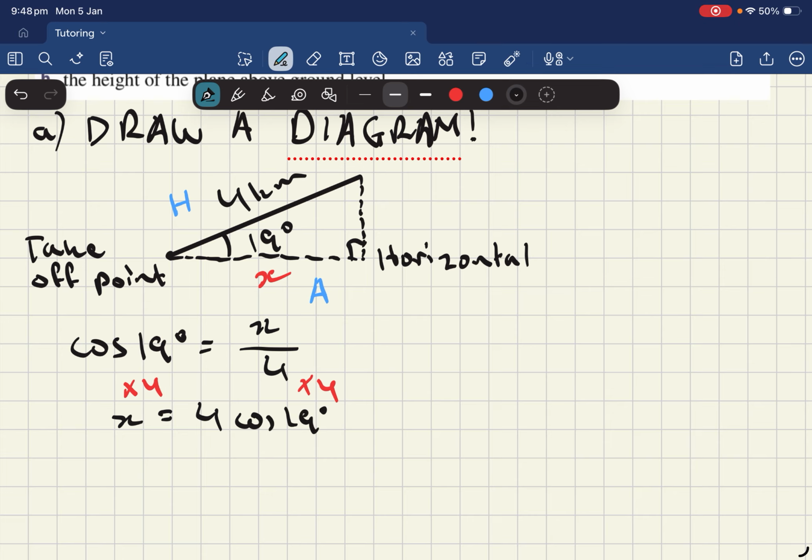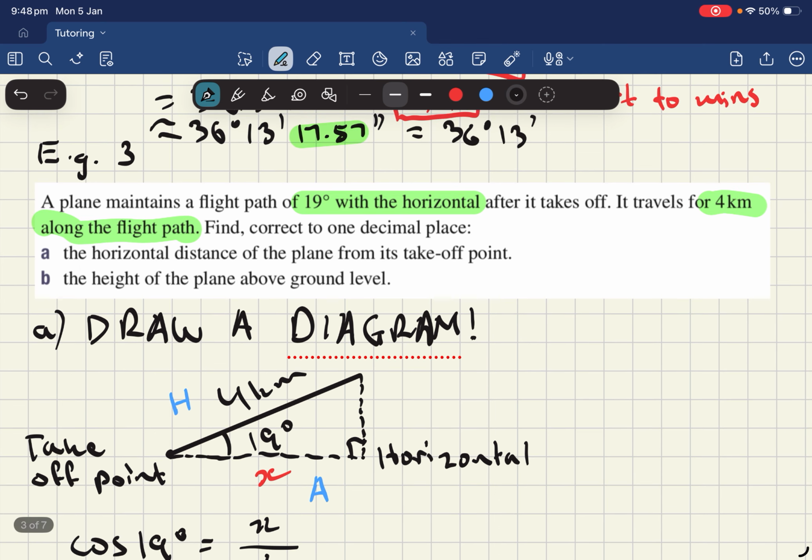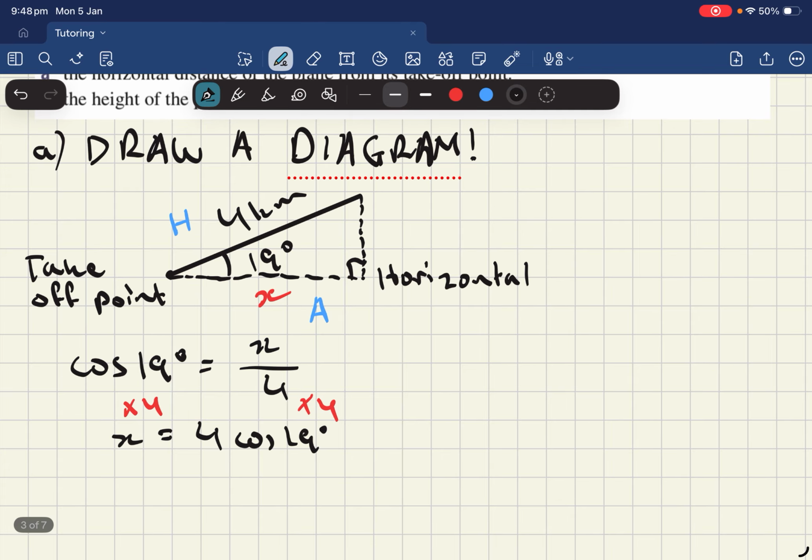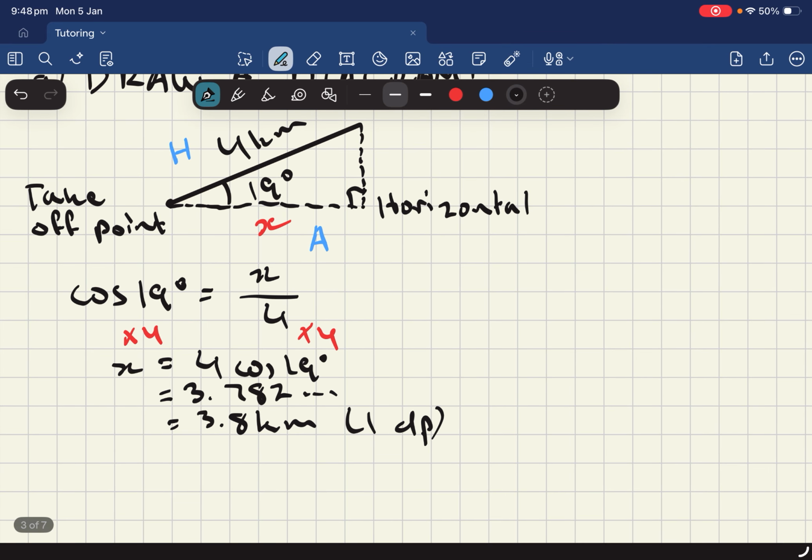Once you have that, we just put it in our calculator. 4 cos 19 gives us, it's asking us to correct to one decimal place, 3.782... which is 3.8 kilometers to 1 dp. Cool. Okay, so we're breaking down the question and we are trying to find the unknown length. Now let's do part A down here and let's do part B over here.